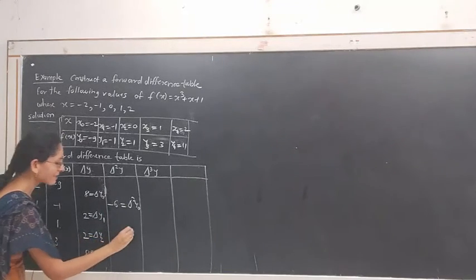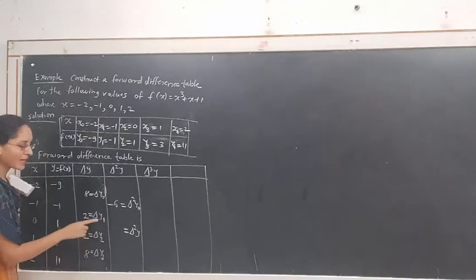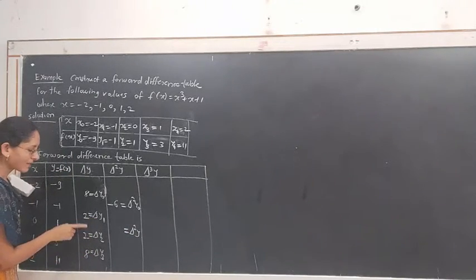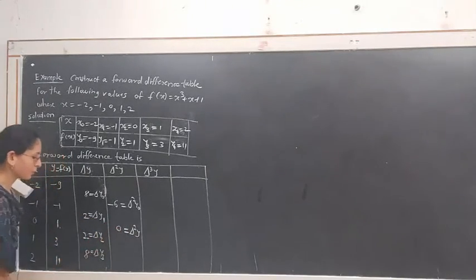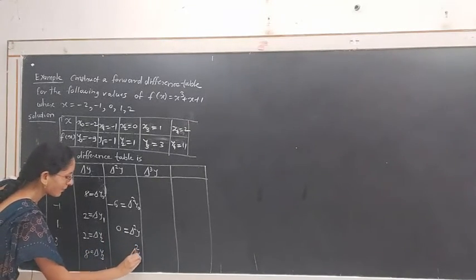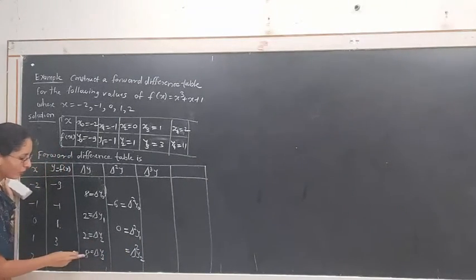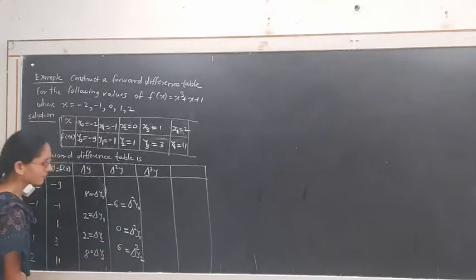Next is del square y1, which is equal to del y2 minus del y1, means 2 minus 2 is 0. Next second order forward difference is del square y2, which is equal to del y3 minus del y2, which is 8 minus 2 is 6.